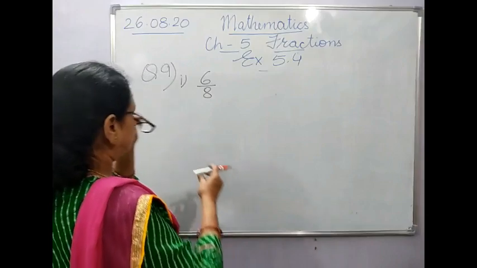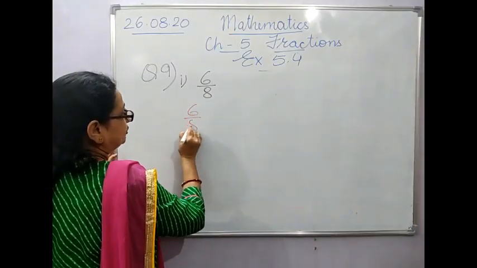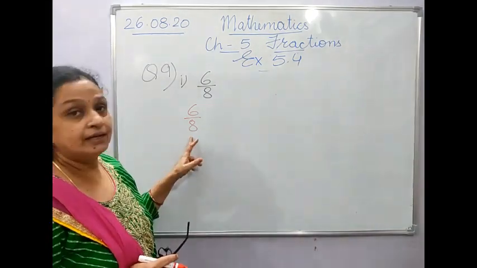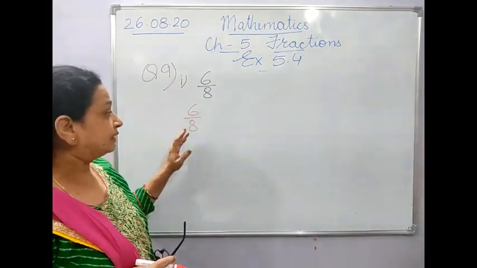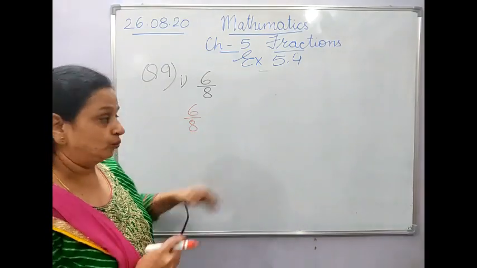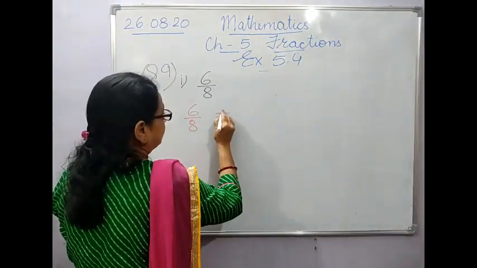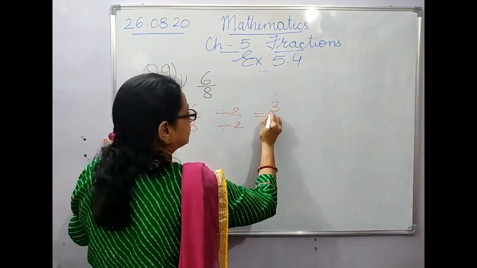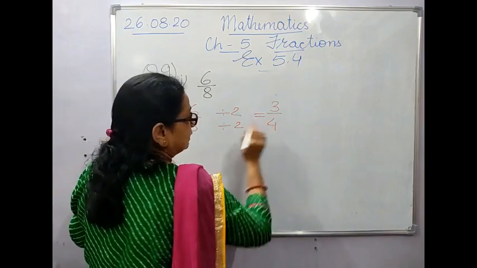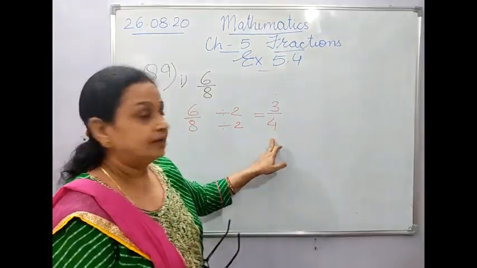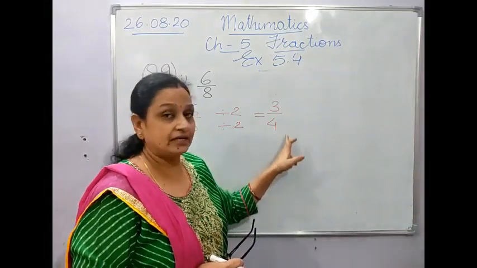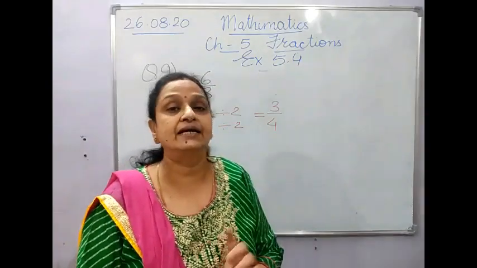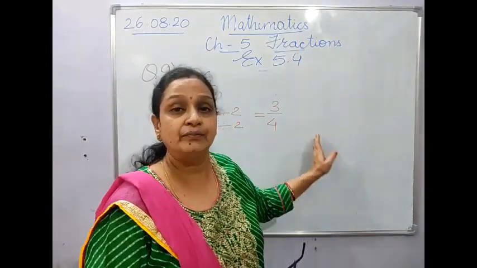Now, how will we do it? 6 upon 8. You know children that both of them are even numbers. So that means they can be divided by 2. So divided by 2, what will you get? 2 threes are 6, 2 fours are 8. Now see here, this fraction cannot be divided by any single number.